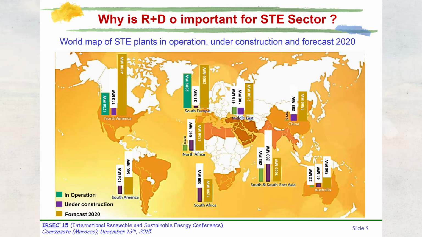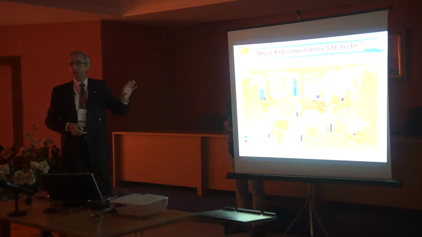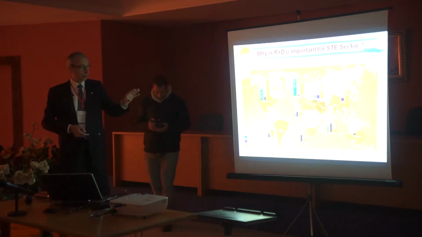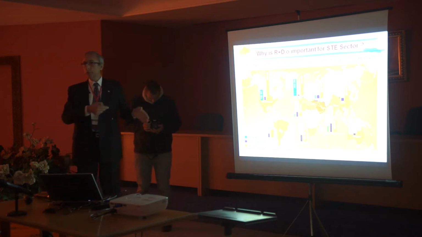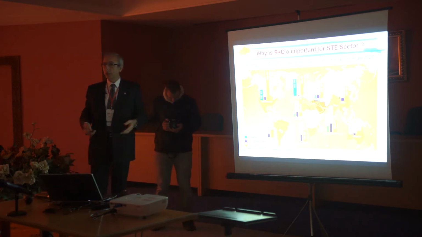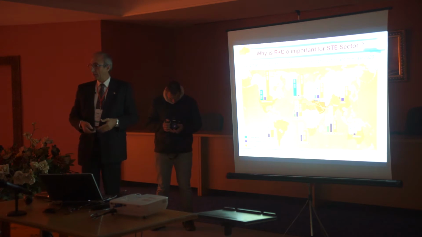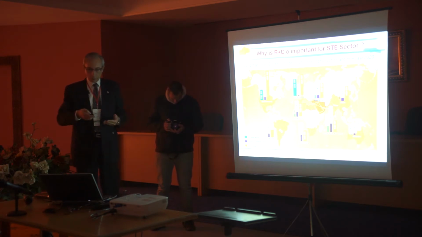The NOR 1 plant is not yet included because it's not yet officially in operation in this green bar. But we can see that we already have 4 gigawatts of installed power all over the world, 4 gigawatts. This is not much if we compare this number with PV or with wind and other renewable energy, but 4 gigawatt is something. So we are growing up.